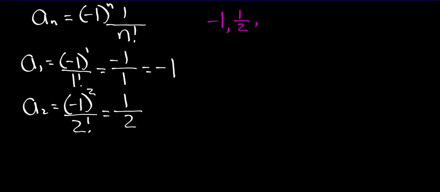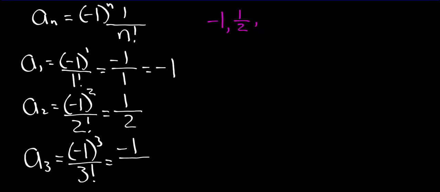Now, let's look at A3. A3 is going to be (-1) to the third power over 3 factorial. Look, -1 raised to an odd power is negative. And this, of course, is going to be 3 factorial, which is 6. Okay, so we go -1/6.